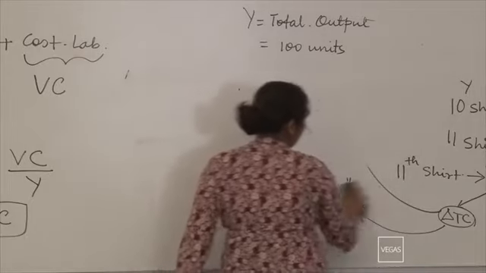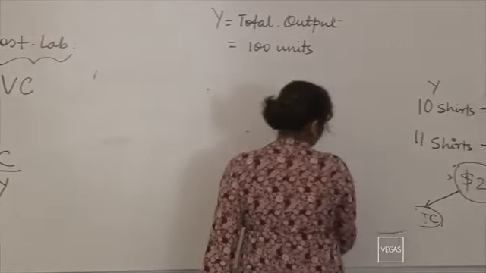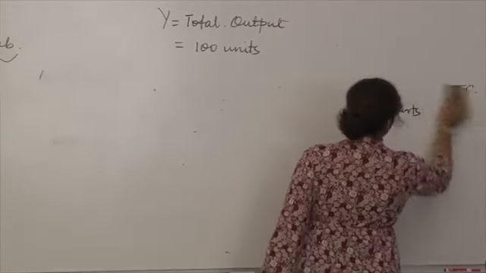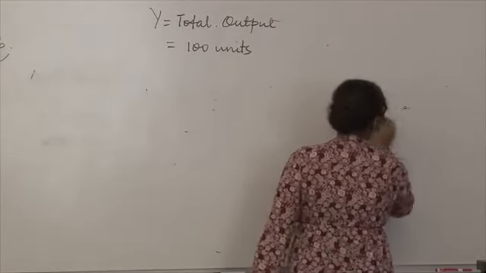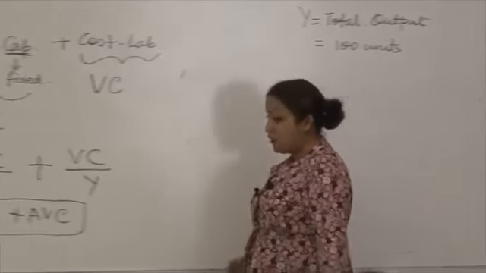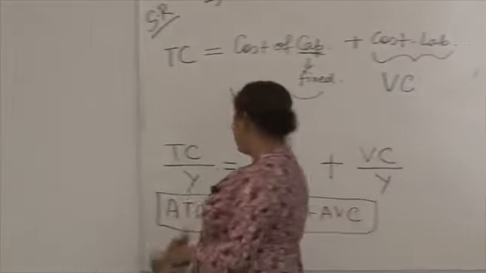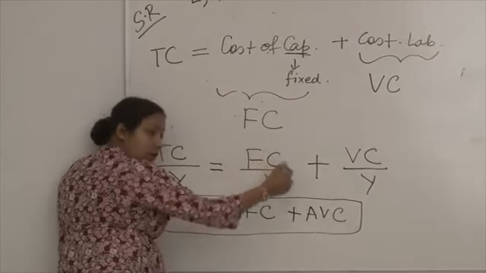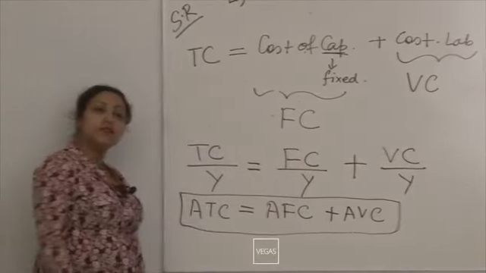Now, we still have another part which is the AFC. So, that is the fixed cost, that is the cost of capital divided by y. Now, if I am producing more and more output, if I am producing more y, can you tell me what happens to this numerator, just the FC?